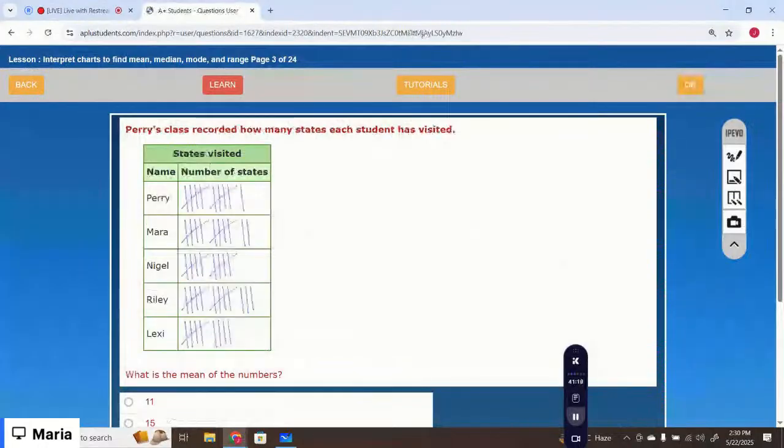And a class recorded how many grades each student has received.